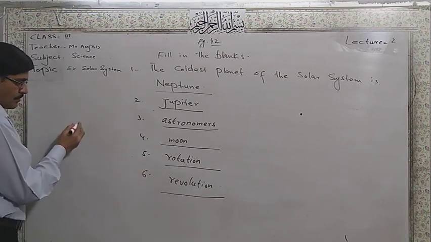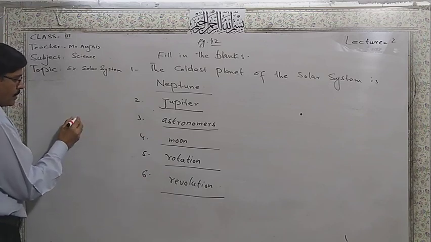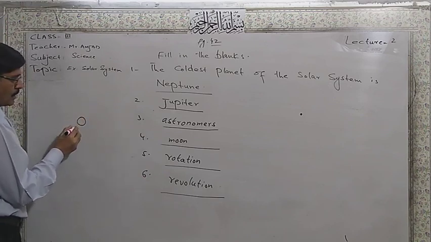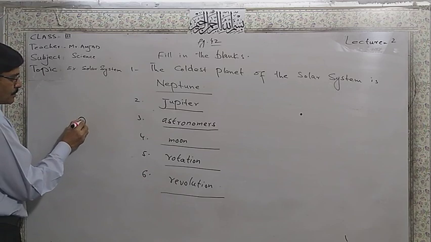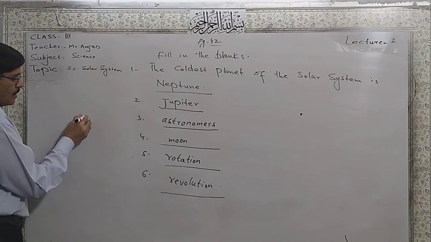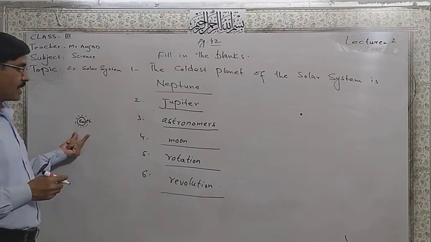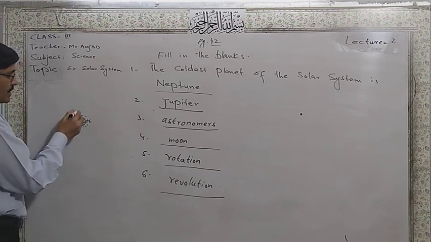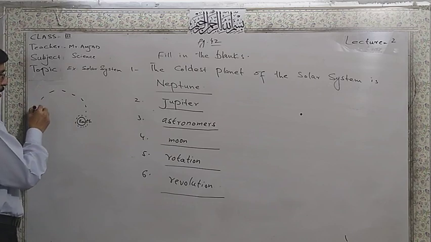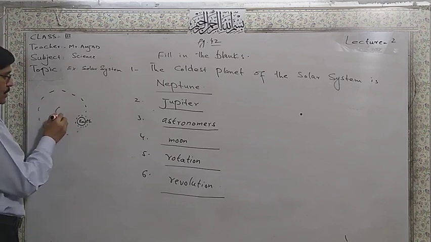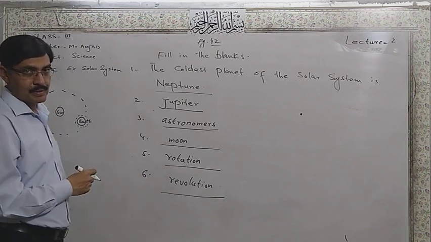Look at this. Rotation means, this is the Earth, when it rotates around its axis, it is called rotation. When it goes around the sun, it is called revolution.